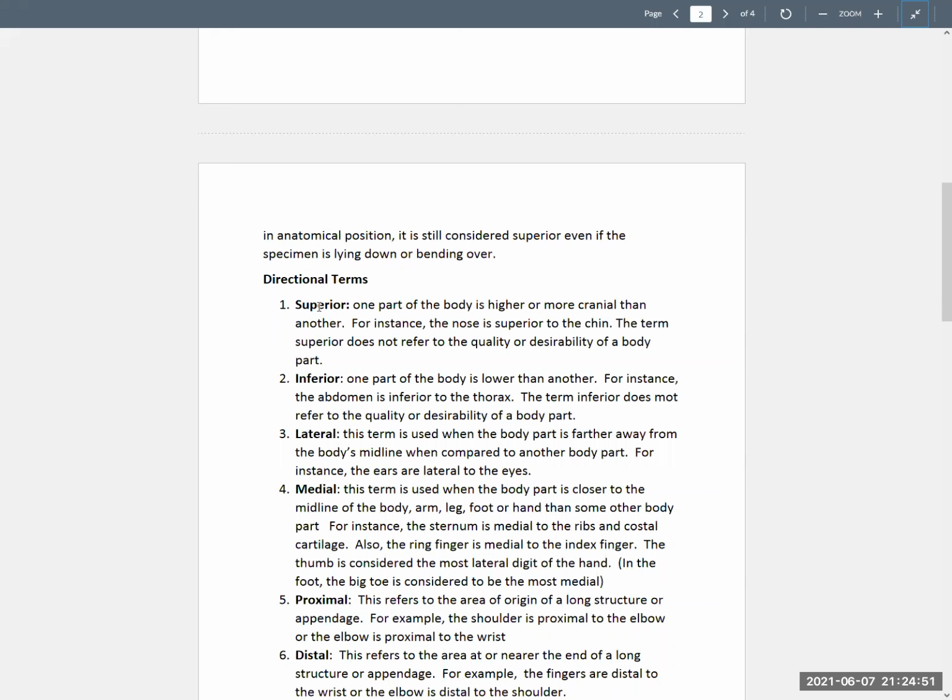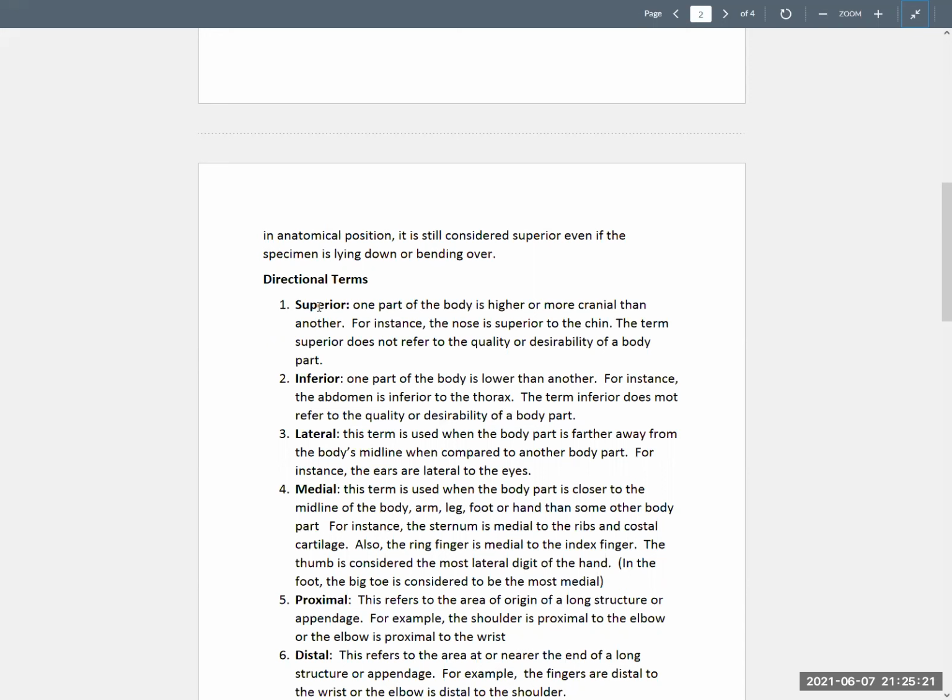So the example here, the nose is superior to the chin. The nose is above the chin is true, but not acceptable. The nose is superior to the chin. The eyes are superior to the nose. The eyes are superior to the mouth.